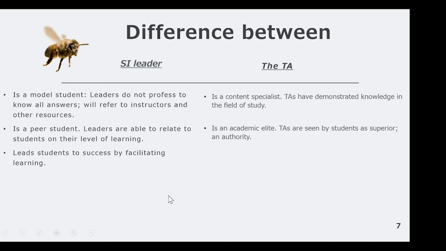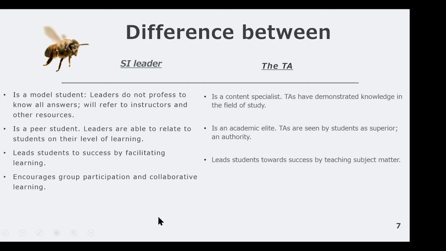An SI leader leads students to success by facilitating learning, where the TA leads students towards success by teaching subject matter. An SI leader encourages group participation and collaborative learning, where the TA may use collaborative learning depending on the instructor's course format.